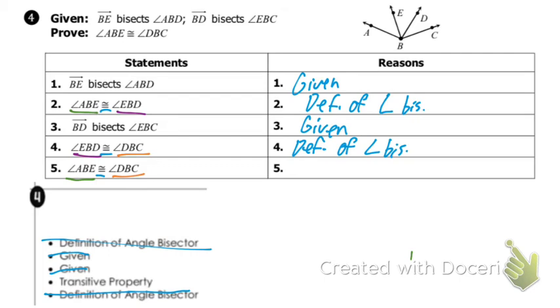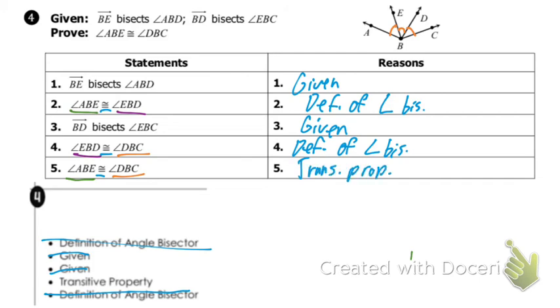So if we go up to our picture and mark that these angles are congruent, angle ABE is congruent to angle EBD. Angle EBD, which we already have one arc on, is congruent to angle DBC. Can we see in our picture that angle ABE should be congruent to angle DBC? Yeah, and it's because they're both congruent to our middle angle here. So what property is that? Transitive property.